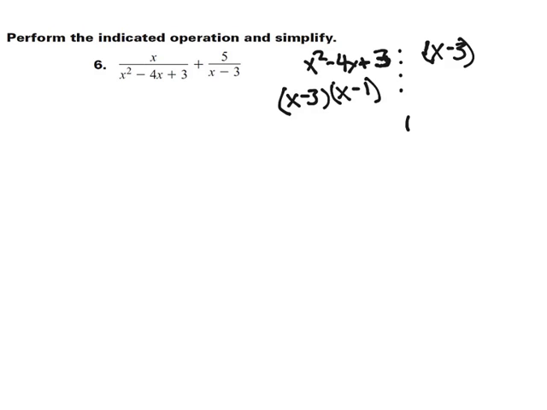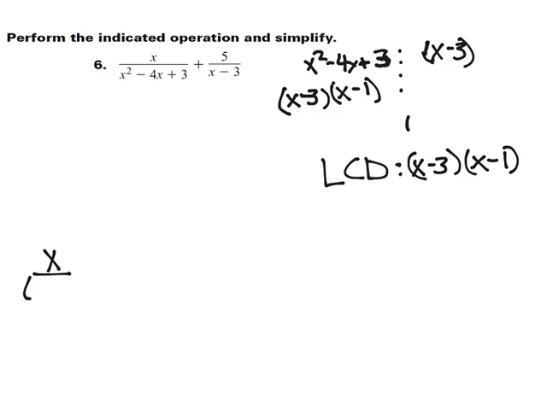So the most in common, or the least common denominator in this case, is going to be x minus 3, x minus 1. So over here, we've got x, and on that's going to be x minus 3, x minus 1, because we write what our factored form underneath them, so we know what we got to multiply by.